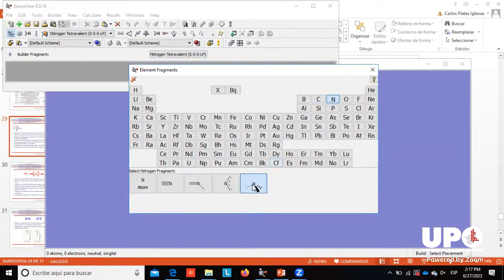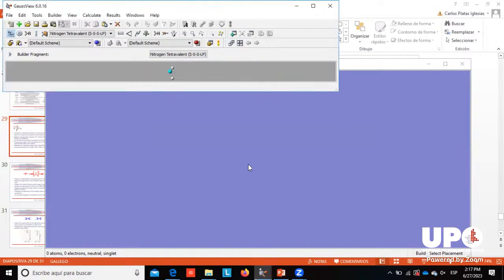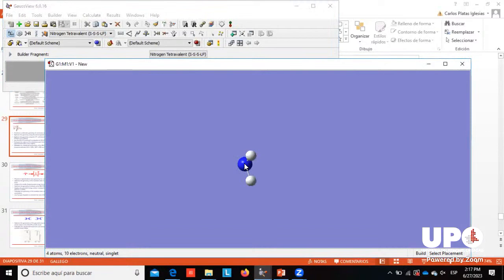And we want an sp3 nitrogen. So down here we click on an sp3 nitrogen, and then we click on the screen, right? Be careful not to click a second time. And now you can rotate by holding the left button of your mouse and moving the mouse, right? You can rotate it. Could you all do it? Yeah, okay. So you see that we have a reasonable starting point for an ammonia molecule, right?